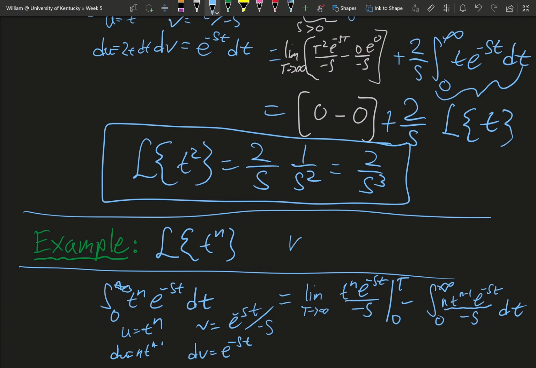And I think I do have to make one assumption on n here. We have to say it's greater than 0.